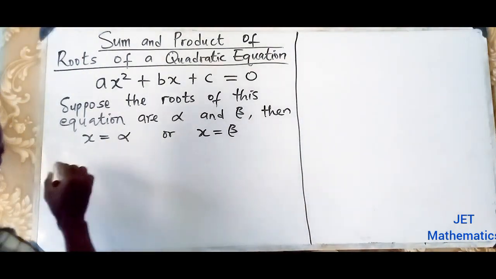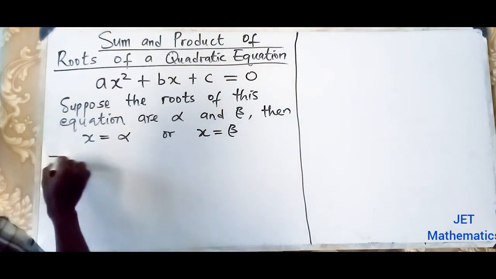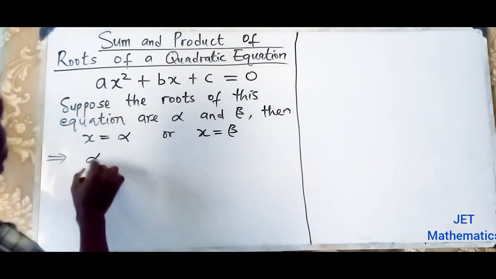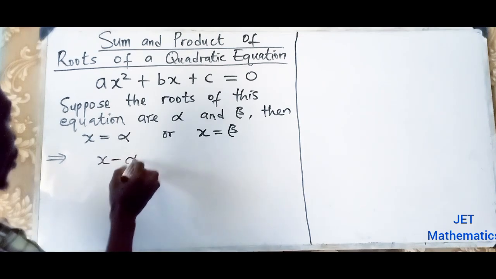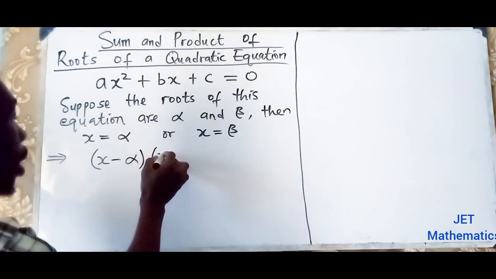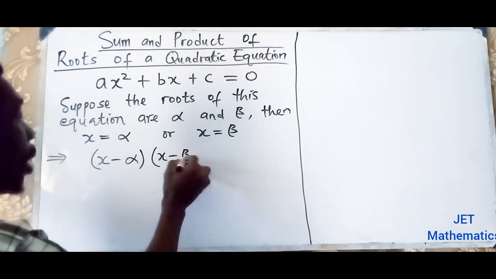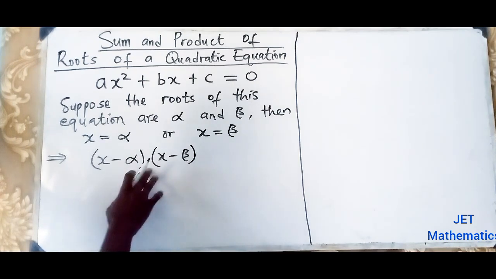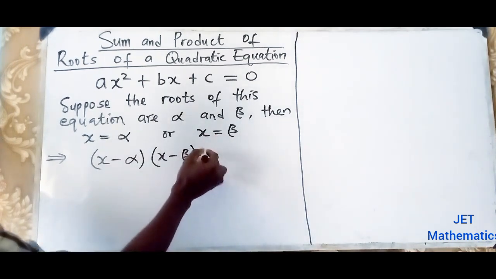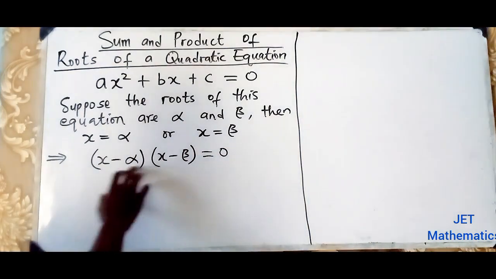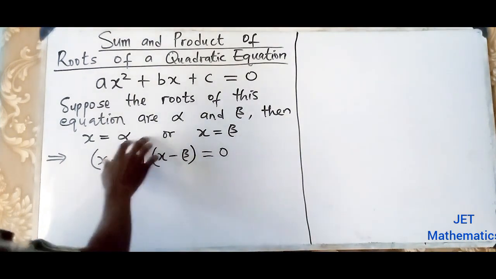So from here we know this implies that x minus alpha times x minus beta, the product of the linear factors that gave us these roots, equals 0.